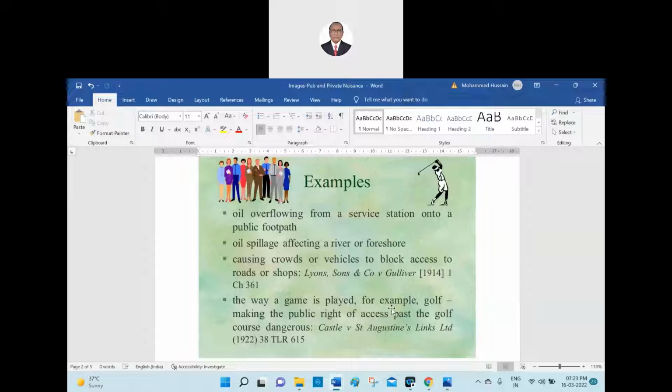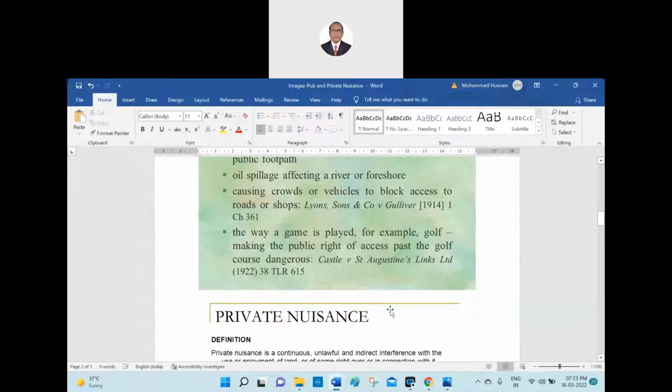If the spillage is in the river or the sea, the waves will carry it to the shore, and the shore becomes fully oily, where people will not enjoy swimming as well as sunbathing on the shore. Causing crowds or vehicles to block access to the roads or shops. If a roadblock is there for various reasons, for instance an accident, that also causes a public nuisance.